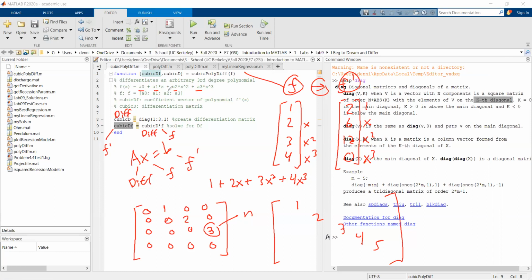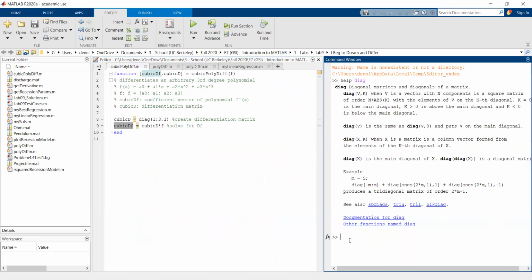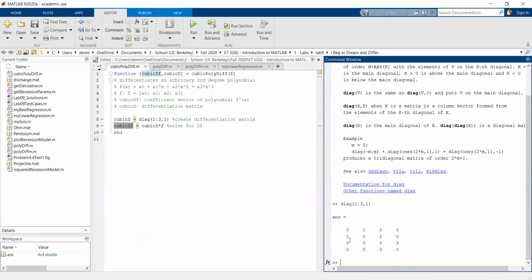Correct. Let me, instead of here, clear this. Okay, this is probably the best way to actually demonstrate this. I'm going to do diag 1:3, comma 1, and that's what that does.